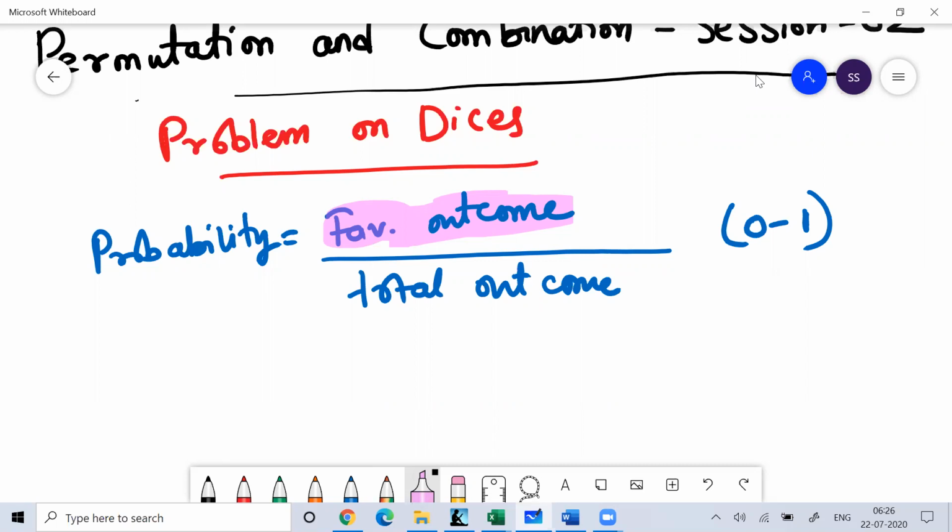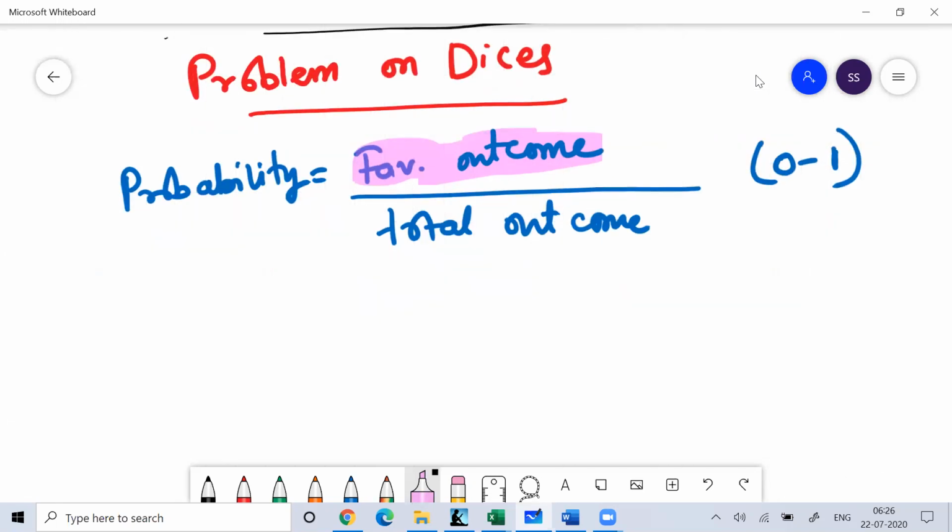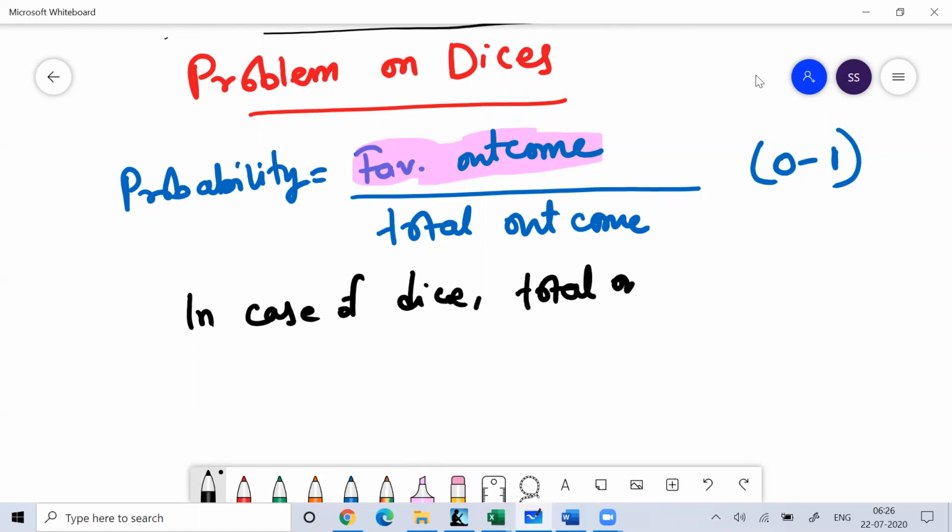Okay, so talking in the context of dice, I believe you are clear with the fact that in the case of dice, the formula for the total outcome is 6 to the power n.